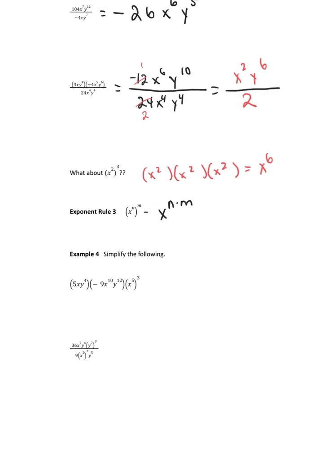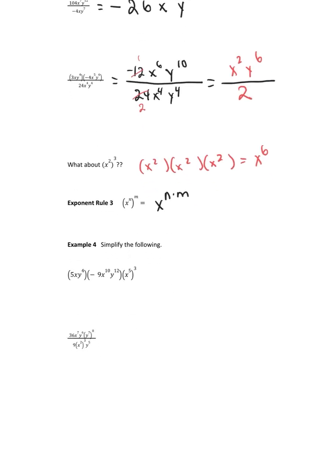All right. 2 examples here to finish up. Let's see. We got 5 times -9, -45. And I'm going to kind of hold off on that last one for a moment because I want to do that kind of in a separate step. But I'll multiply these first 2 sets of parentheses. So x times x to the 10th would be x to the 11th.